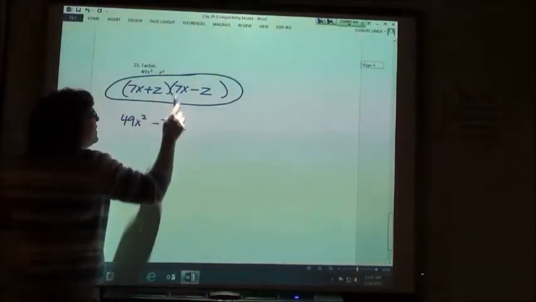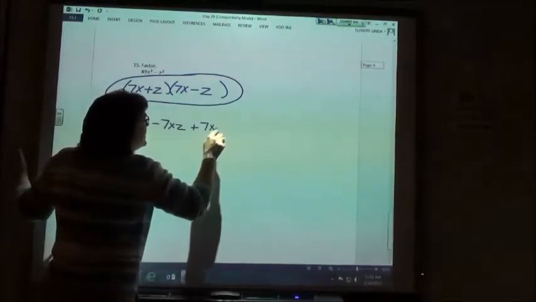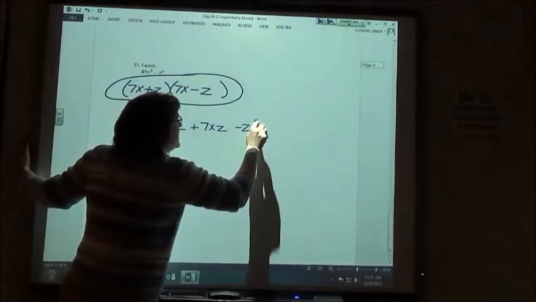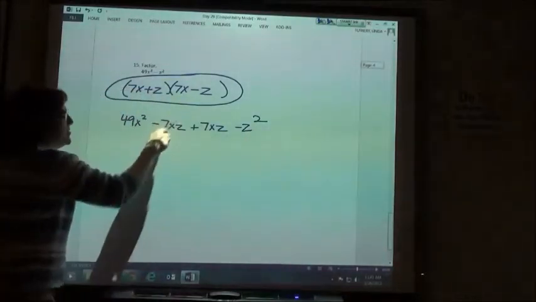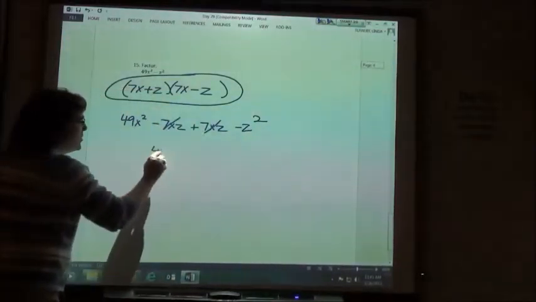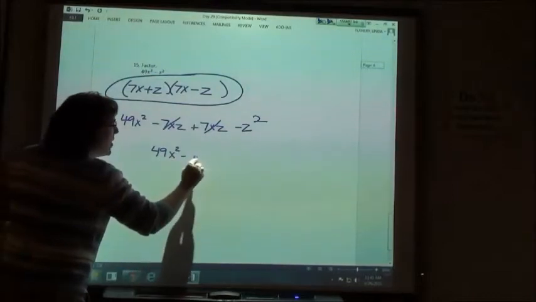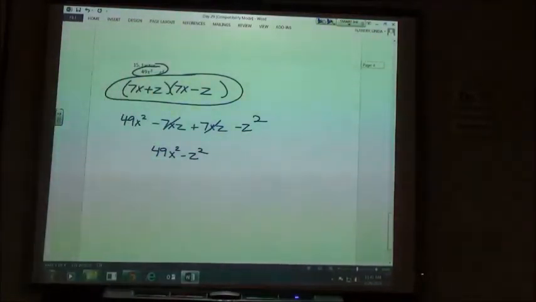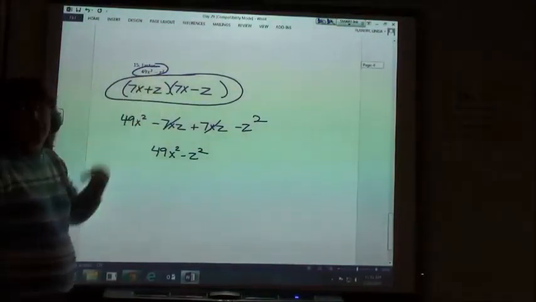Positive z times 7x, positive 7xz. Positive z times a negative z, minus z to the second power. These are opposites, they cancel out, so I get 49x squared minus z squared. Yep, that's what I started with, it checks out. So you can always foil it back out and double check to see, does it work?